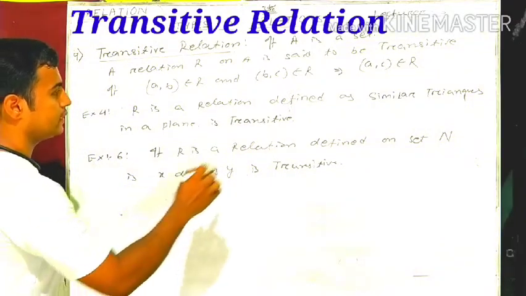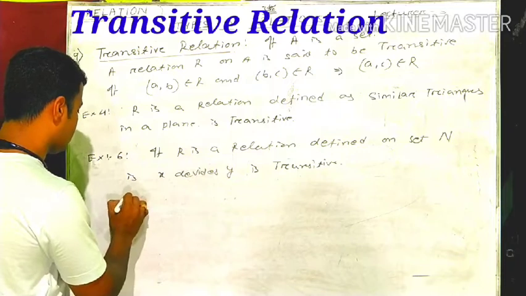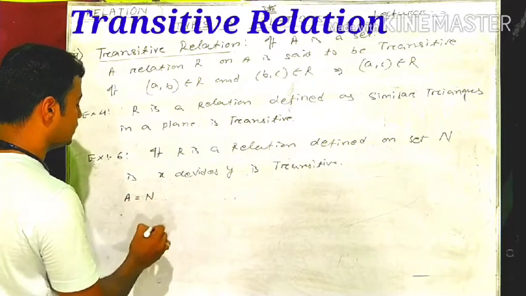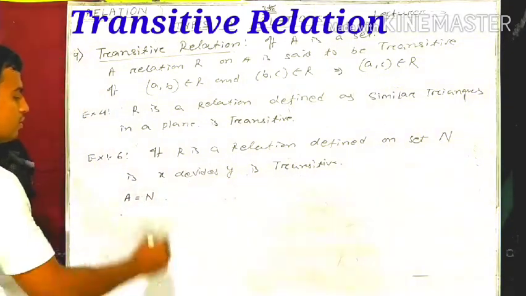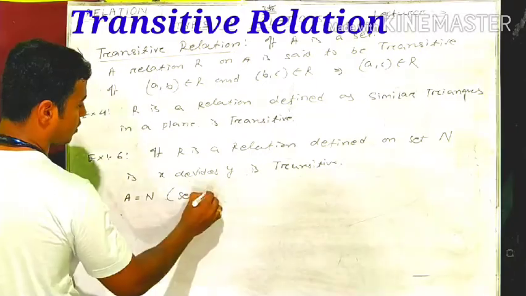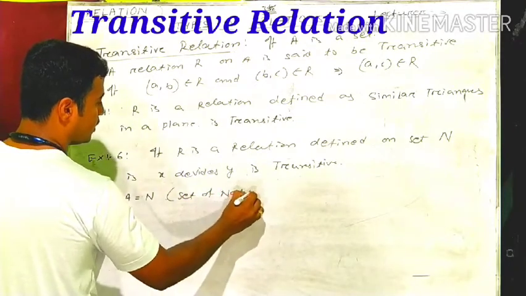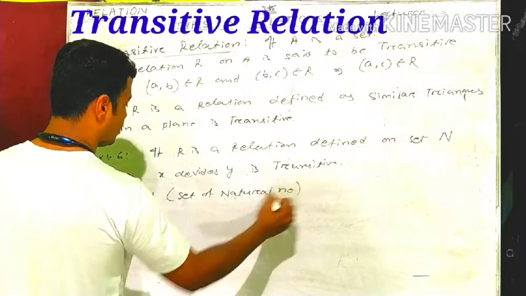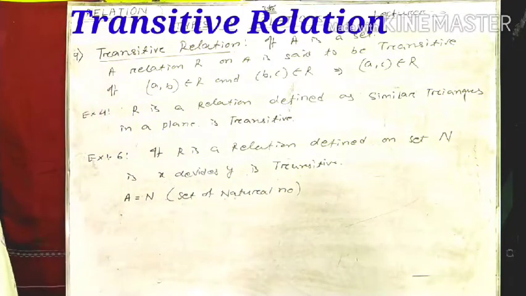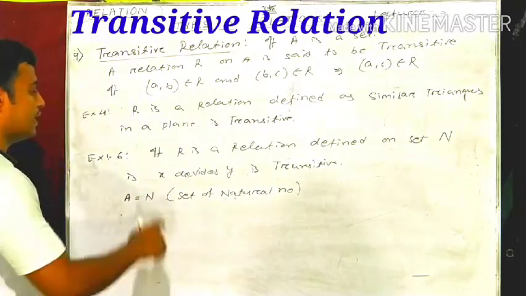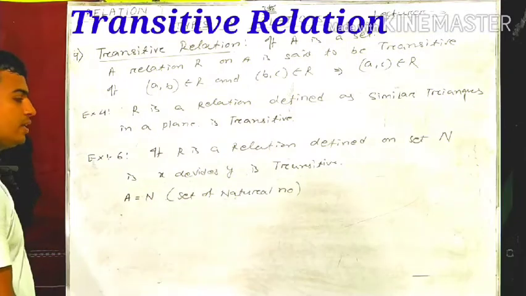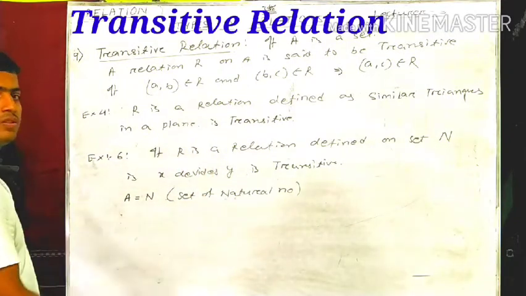Let the set A = N, the set of natural numbers. Here x divides y means y equals some multiple of x.